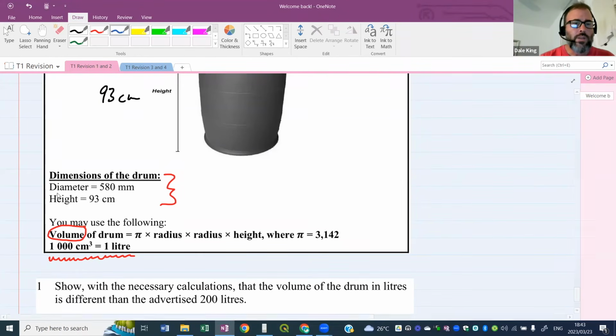And for the formula that we've given here for the change, look at the units that they want you to work in. Centimeters cubed. So the diameter will need to be changed to centimeters before you go into the formula. So I suggest work out the volume first and then use this conversion to change it to liters. Off you go.